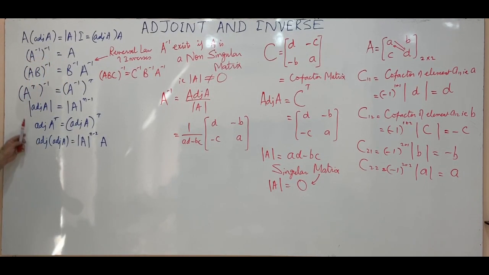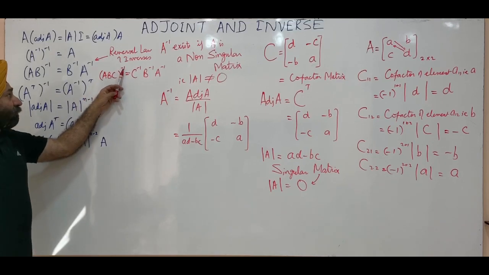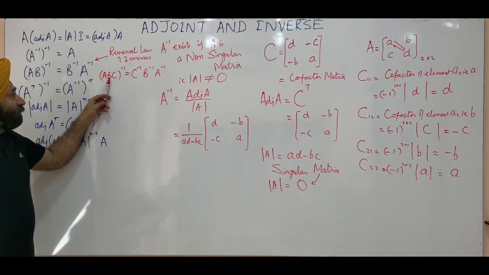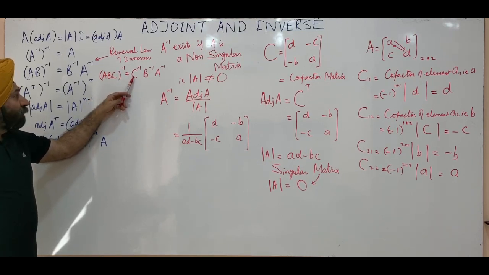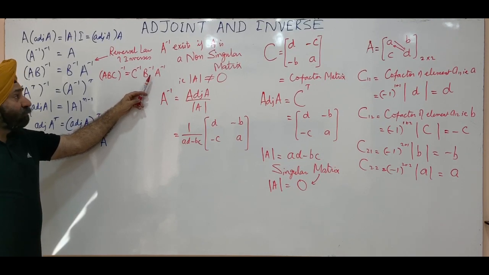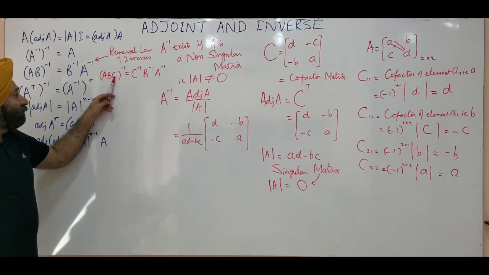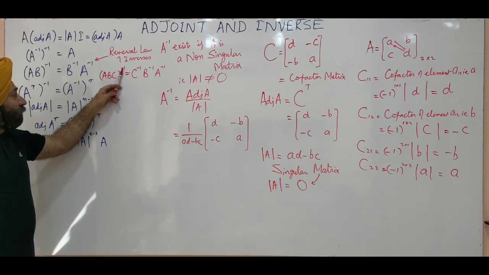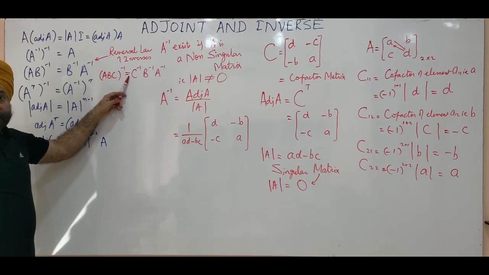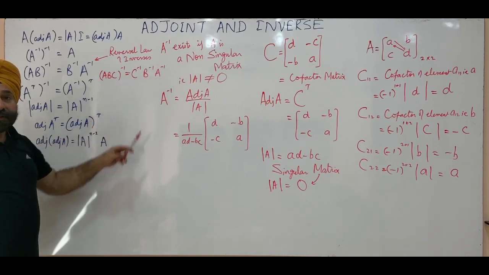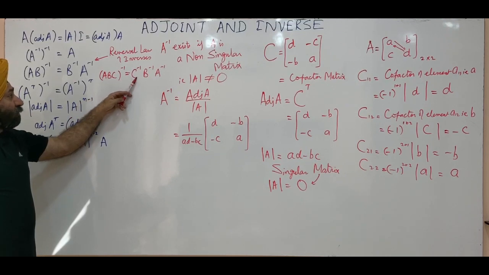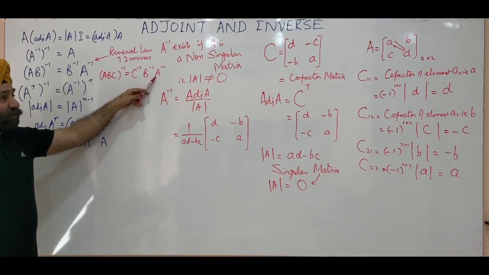So in words, can we say the inverse of a product, the inverse of ABC, is equal to the product of inverses, the product of the inverse of C, then of B, then of A. So the inverse of a product is the product of inverses taken in reverse order. We have reversed the order: third matrix, then second matrix, then first matrix.